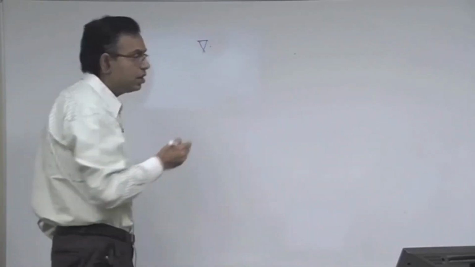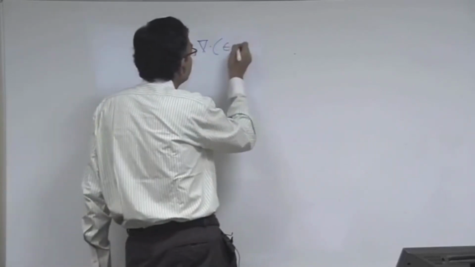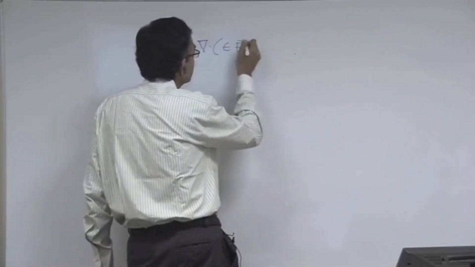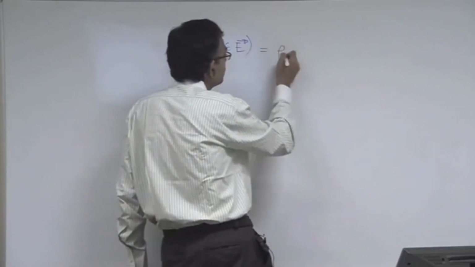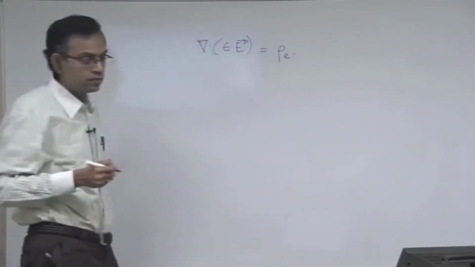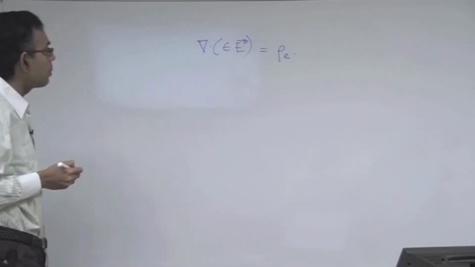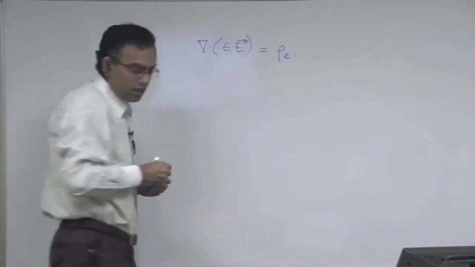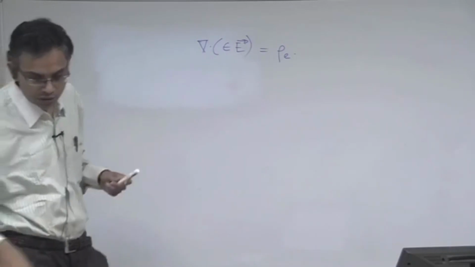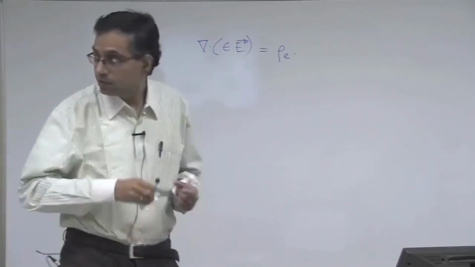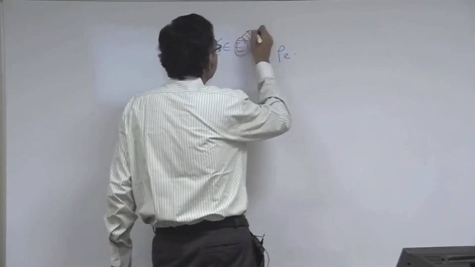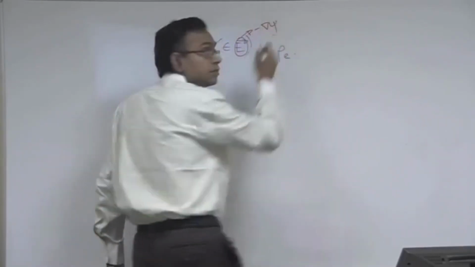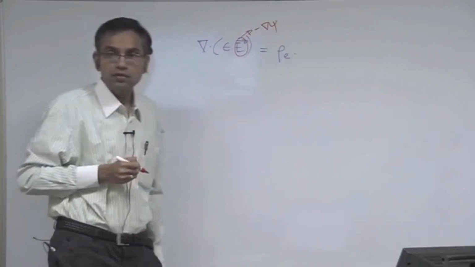So, you have del dot epsilon E is equal to rho E, E is equal to minus grad psi.